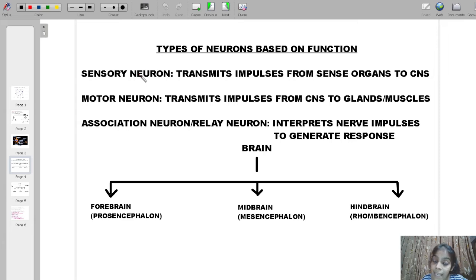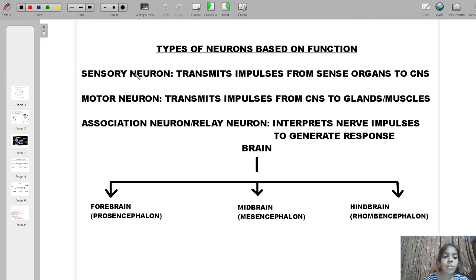From these receptors, the neurons which emerge and carry the nerve impulse are called sensory neurons. Where do they carry the nerve impulse? To either the brain or the spinal cord, because brain and spinal cord are the masterminds. They are there to control how the information will be processed.